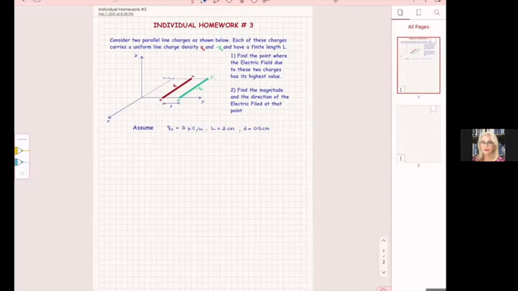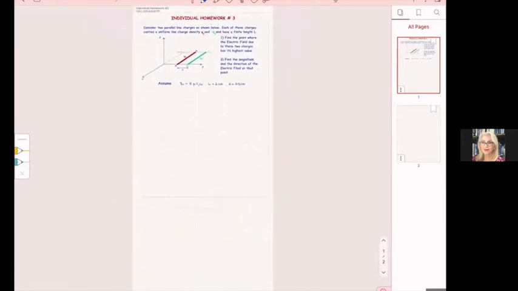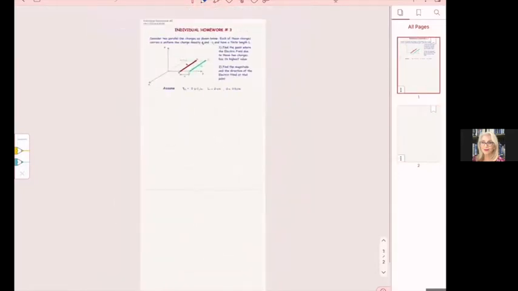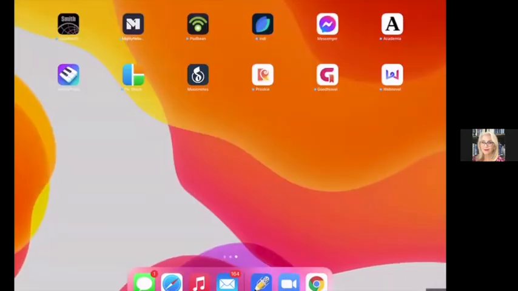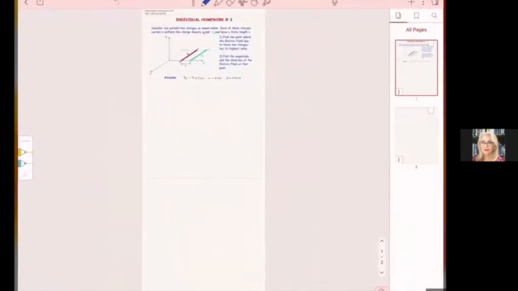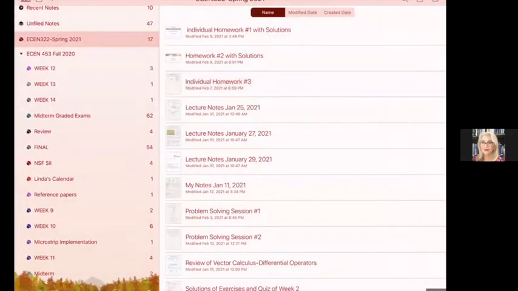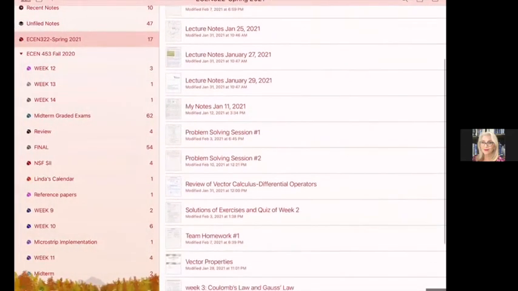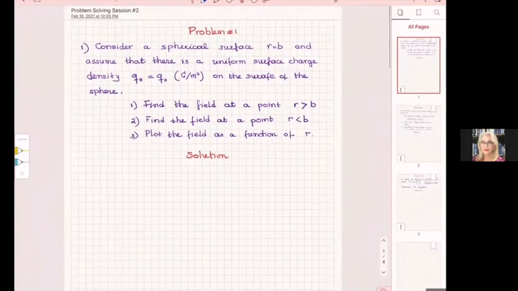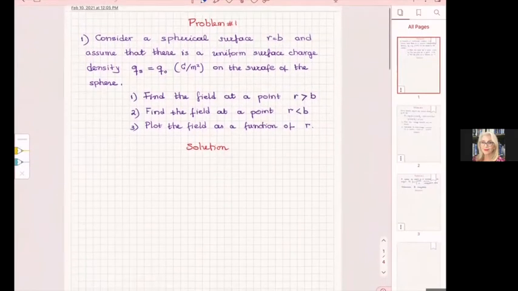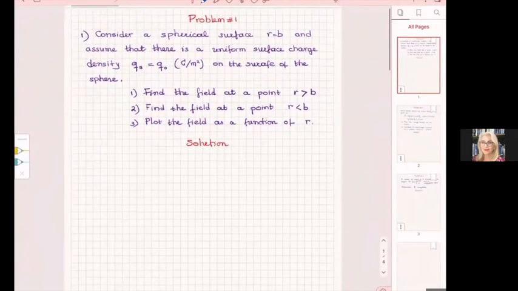Okay, so now what I would like to do is go back to the problem that I had identified, because these problems will help us practice. Problem following session 2. All right, so let's start with this one. Let's see what it says. It says, consider a spherical surface.